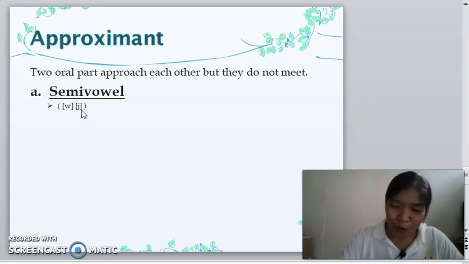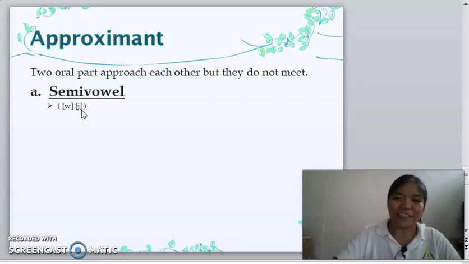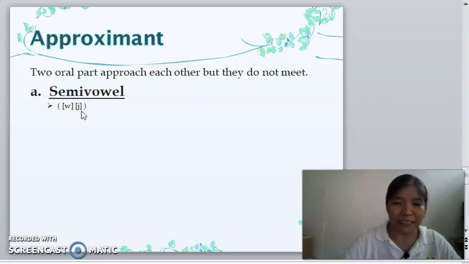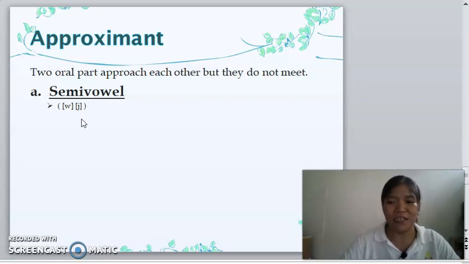Also pronounce the sound of Y. By the way, in the International Phonetic Alphabet, the symbol for the sound of Y is J. So when you see the symbol J here, this means it is the sound of Y. Semivowel.